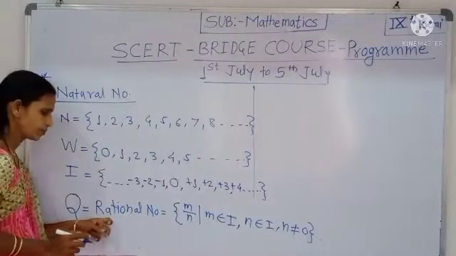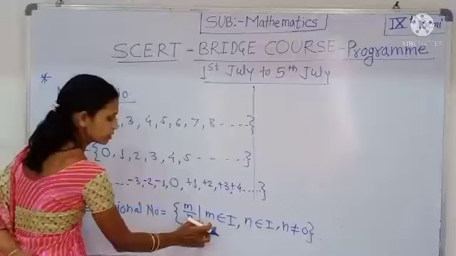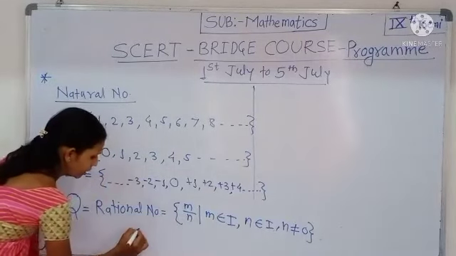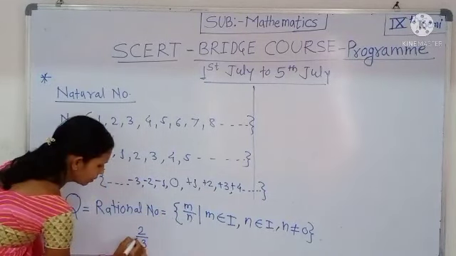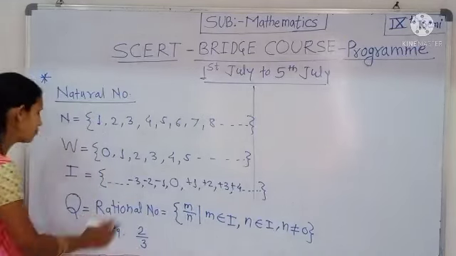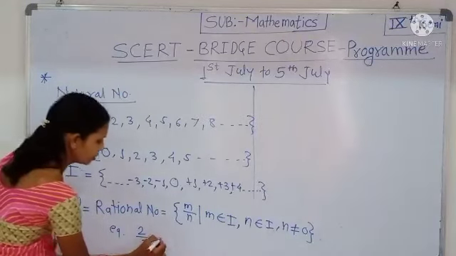According to this condition, 2 upon 3 is an example of a rational number.